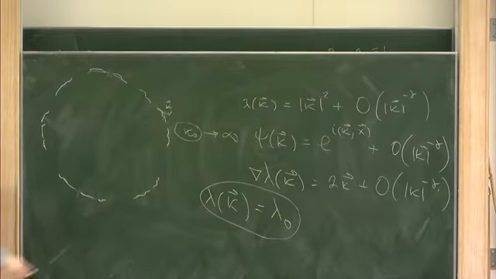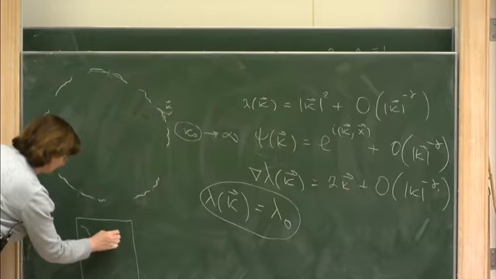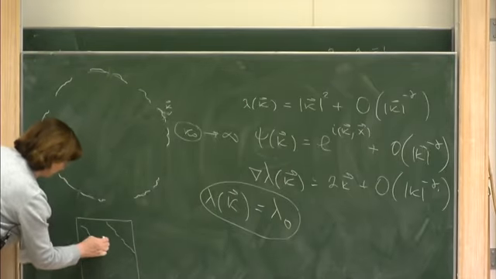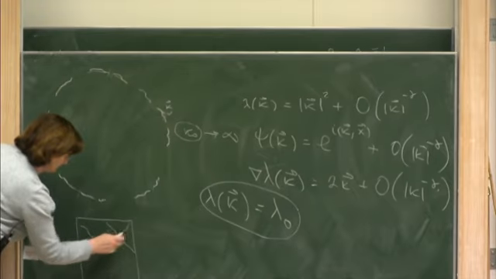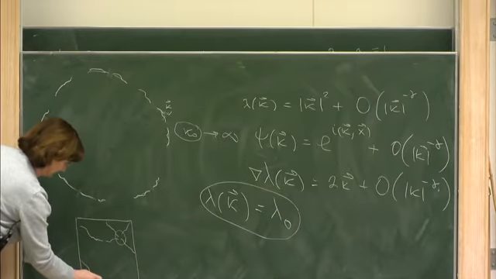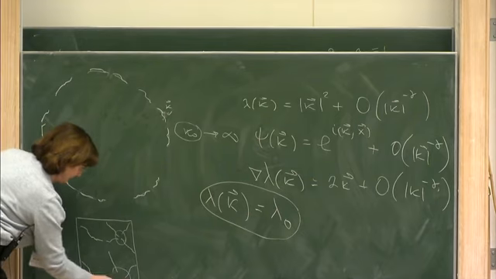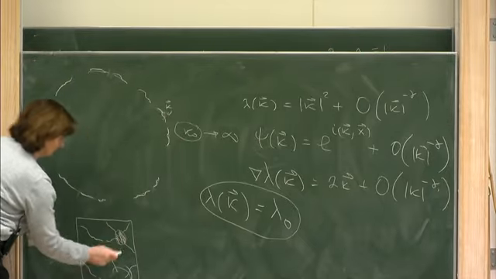If we return to our initial picture in a box, some of these pieces will survive, but there are some regions where we don't know what is happening. For example, here. So here, God knows what happened.